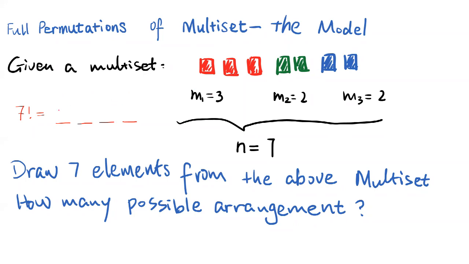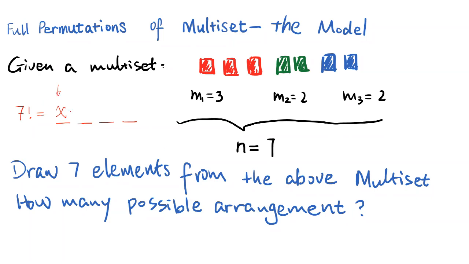So first of all, we need the number of full permutations on this multiset. Suppose this number is x, and x is actually the number we want, right? So this is the first step.